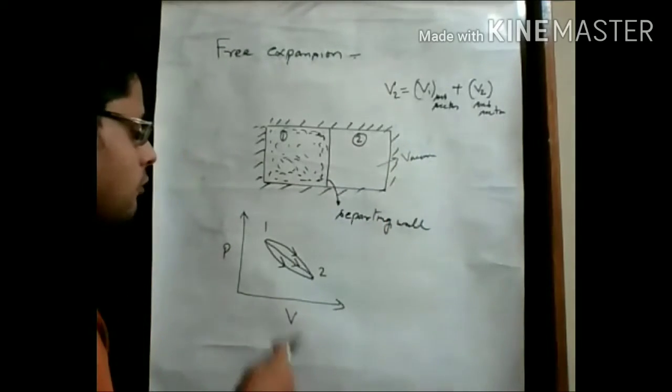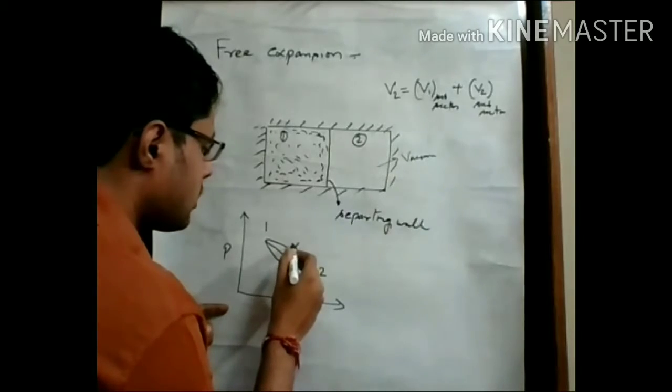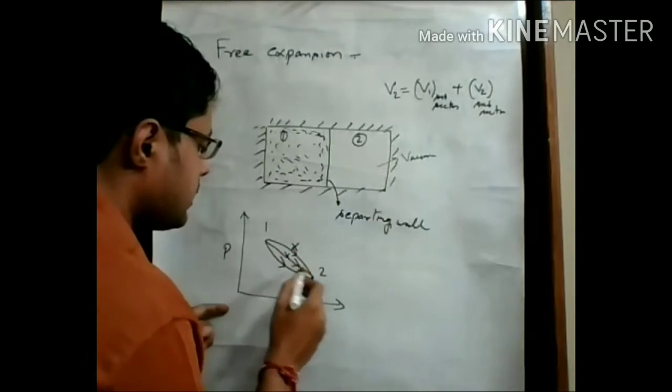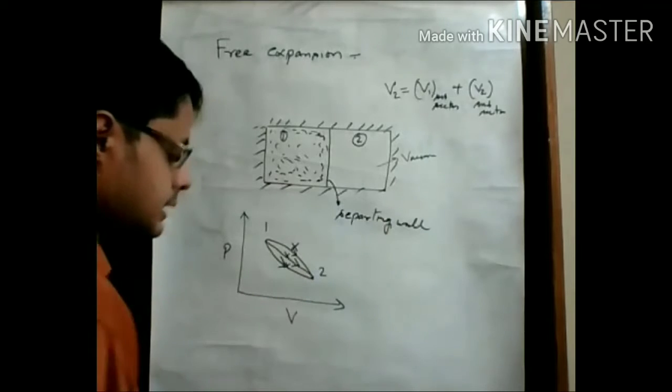That's why we cannot define the path between these first and second states.